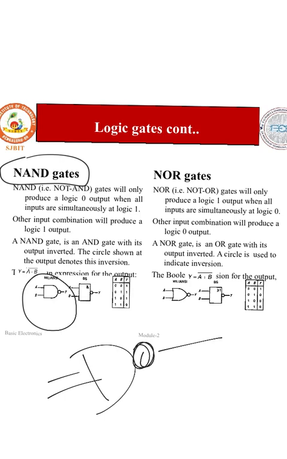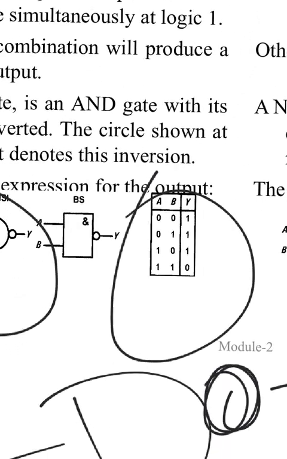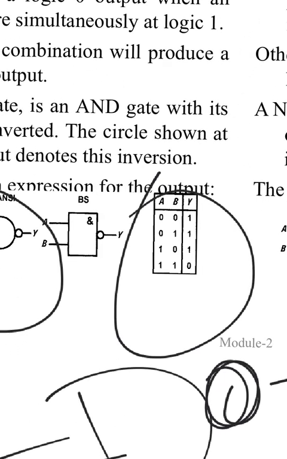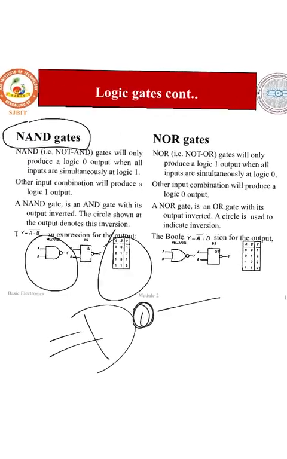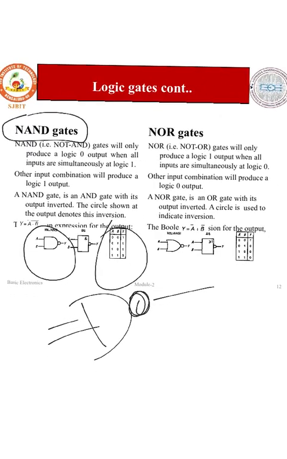So here the gate will only produce logic 0 output when all inputs are simultaneously 1. It is the vice versa table of the AND gate. Here you can see the truth table: 0 0 1, 0 1 1, 1 0 1, 1 1 0. The gate will only produce logic 0 output when all inputs are simultaneously 1, and other input combinations will produce a logic 1 output.